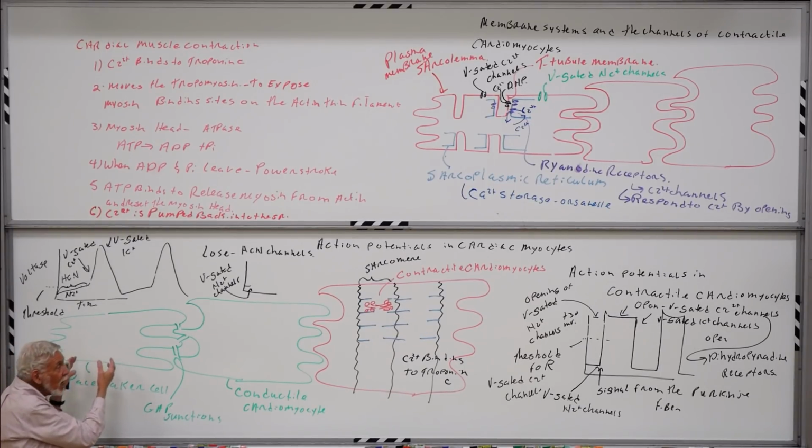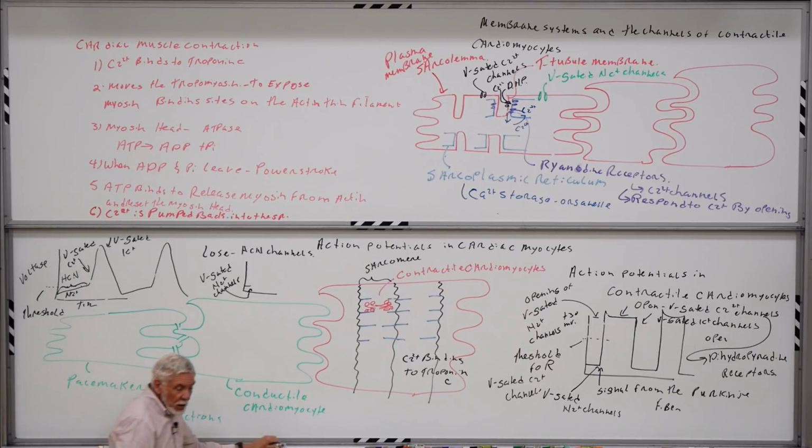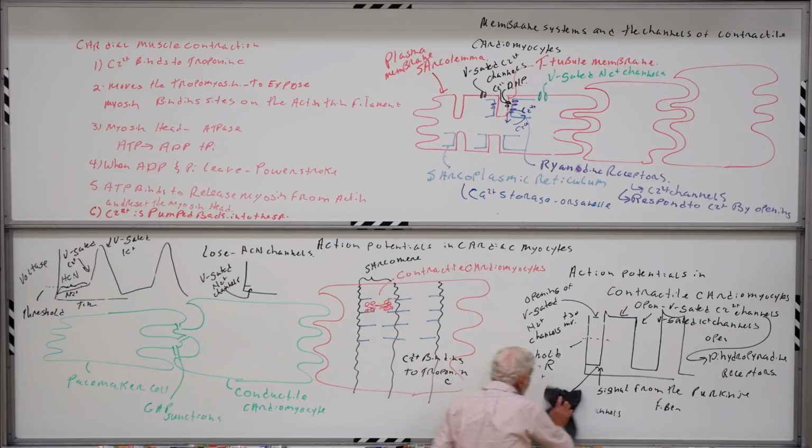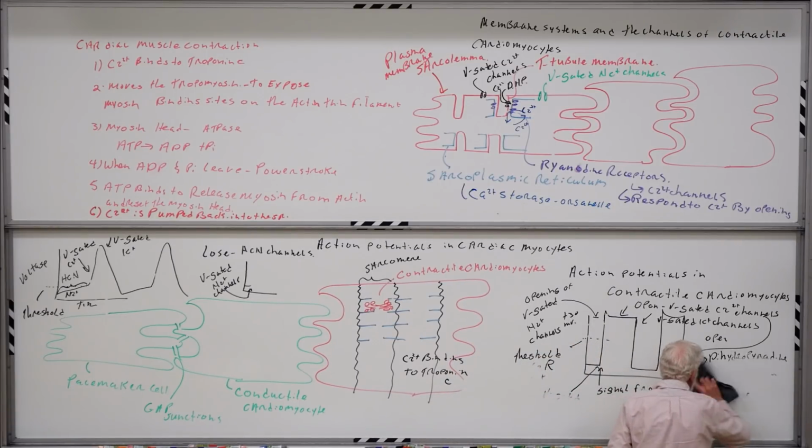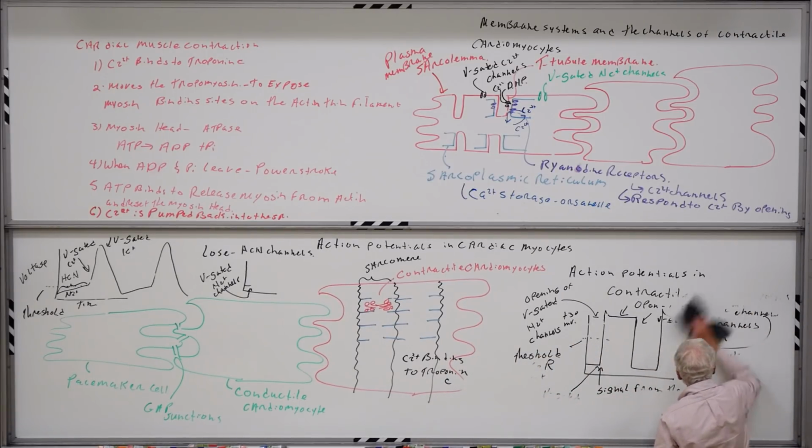I want to start talking about the role of the autonomic nervous system in modulating the heart. So we'll take this panel and label it as the autonomic nervous system in heart modulation.